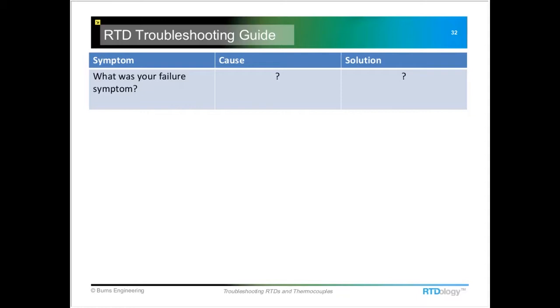And then if you can test it at 100 degrees C, the resistance that you get there will closely match what the temperature coefficient should be. So for example, if it's supposed to be a 0.00385 coefficient, at 100 degrees C that probe should read 138.5 ohms.